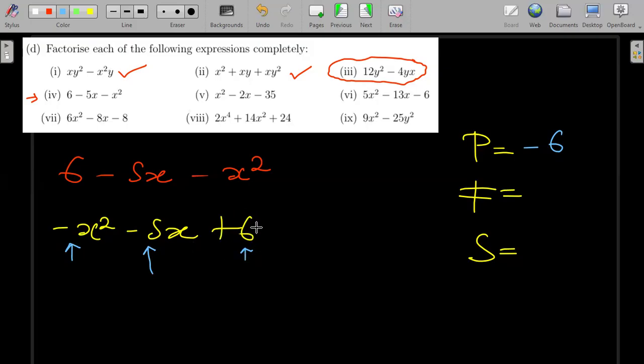So that's the challenge when it comes to this method. So you have to think fast. Two numbers that I can add to get a minus 5 and multiply to get a positive 6. What numbers can you think of?